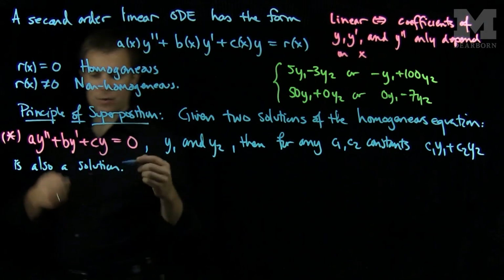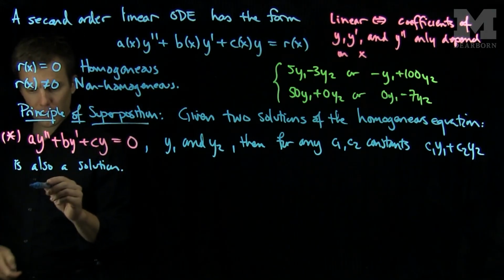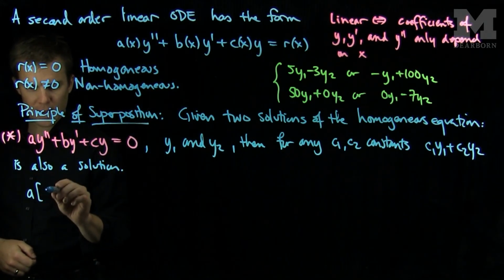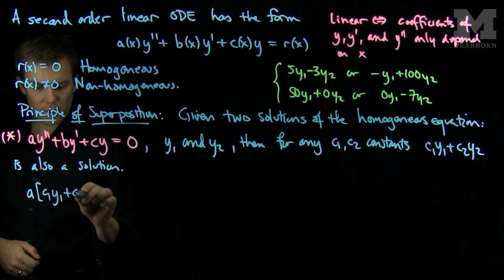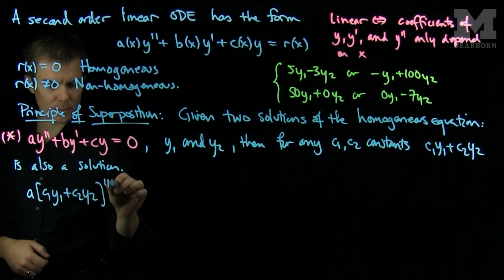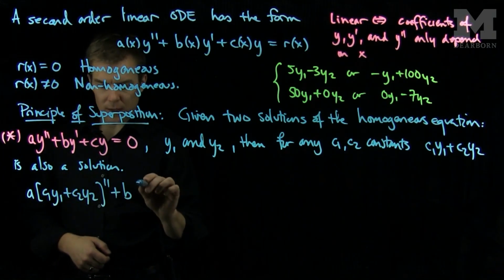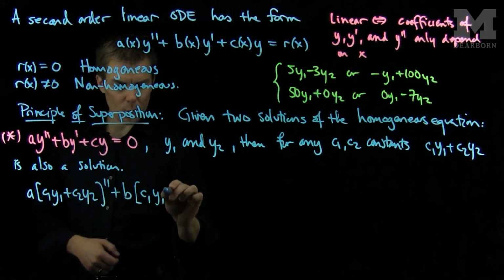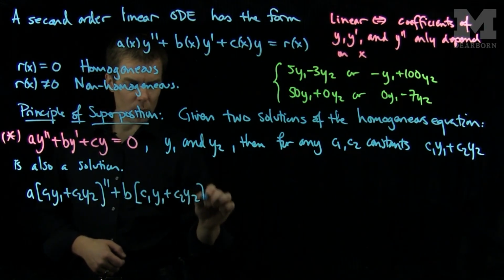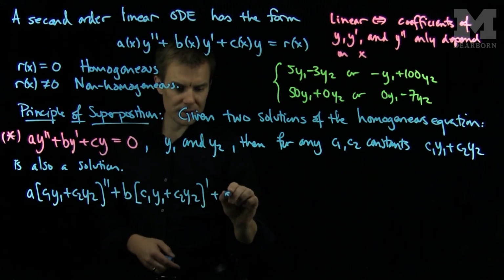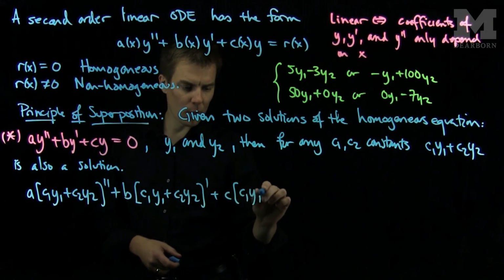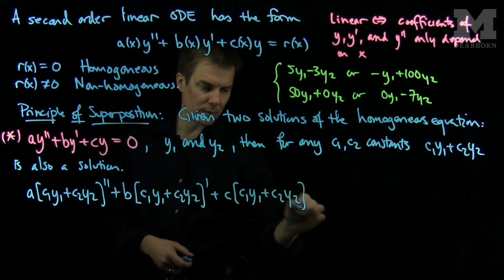And the proof of this is straightforward. What we do is we say we have a times (c1 y1 plus c2 y2) double prime, plus b times (c1 y1 plus c2 y2) prime, plus c times (c1 y1 plus c2 y2).